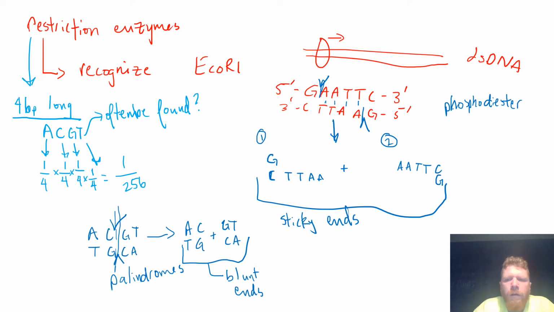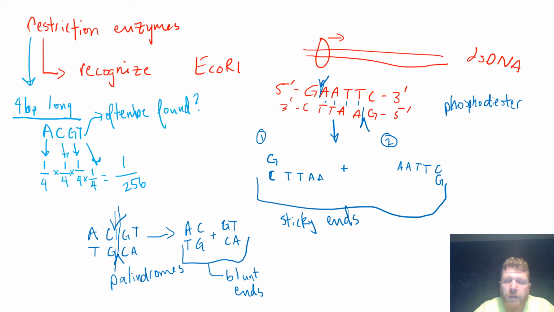So a question that I like to ask on a regular basis is, if you randomly generated a piece of DNA that was, let's say, 700 base pairs long, what are the chances that you will find ACGT one time?